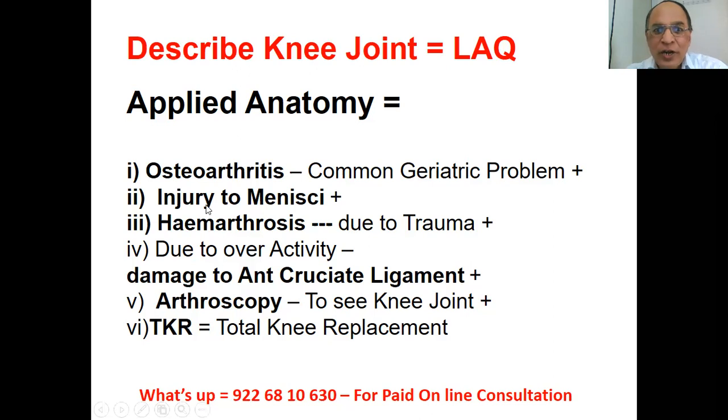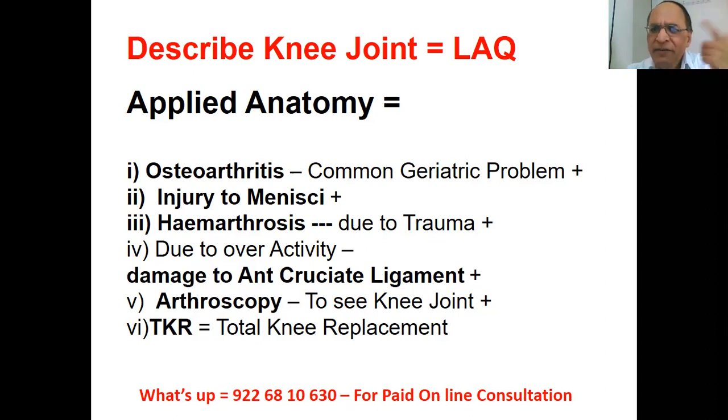Okay. Injury to the menisci is very, very common even at a young age, in children, when they jump a lot, when they run marathons without taking much care, menisci may be injured. Okay. Then hemarthrosis, blood inside the joint, is called hemarthrosis. Hem means blood, arthrosis, due to trauma.